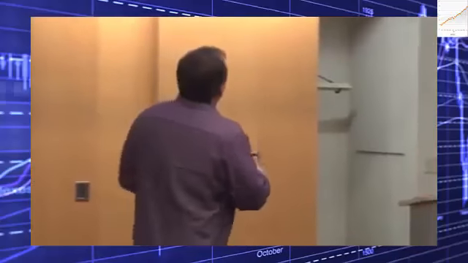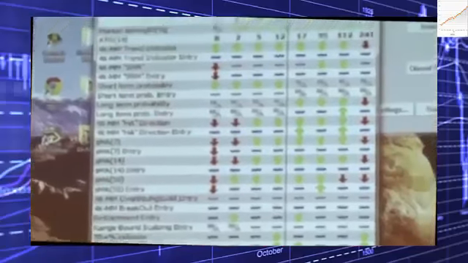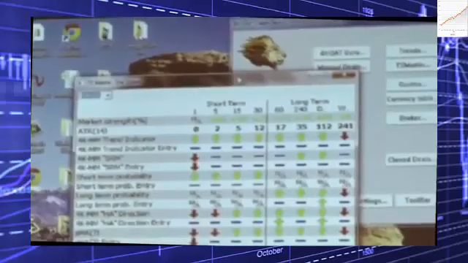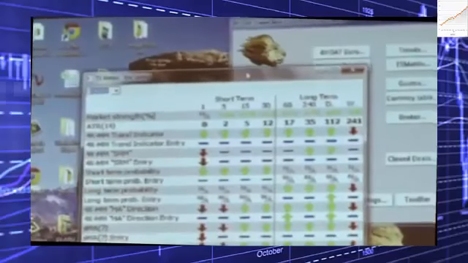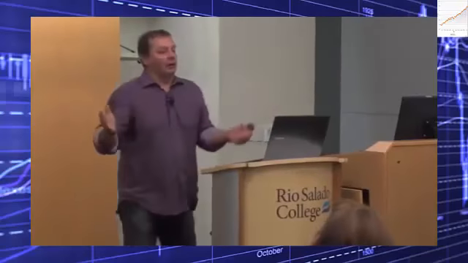So when I look at a chart, and what does it say? Euro dollar. So when I look at this window, I basically see a canvas. And this canvas is painted with arrows.